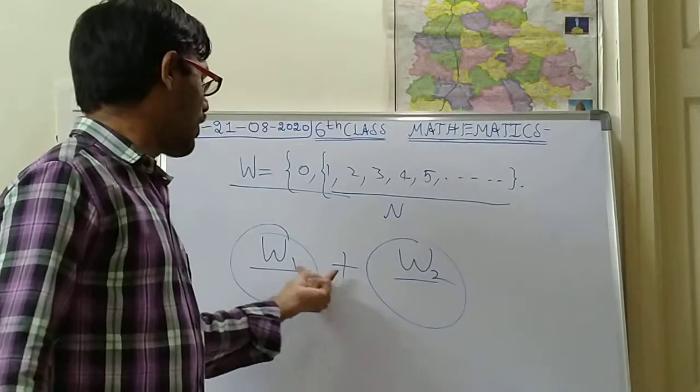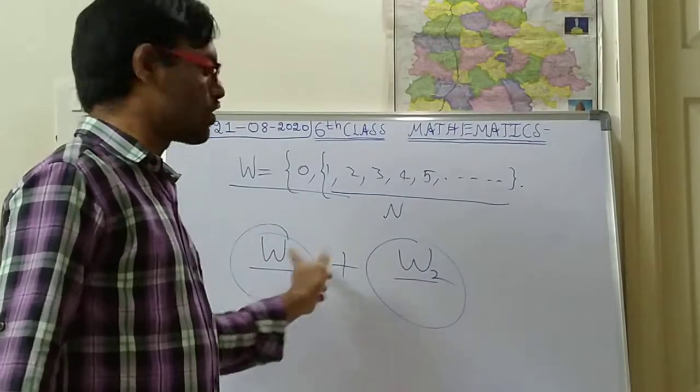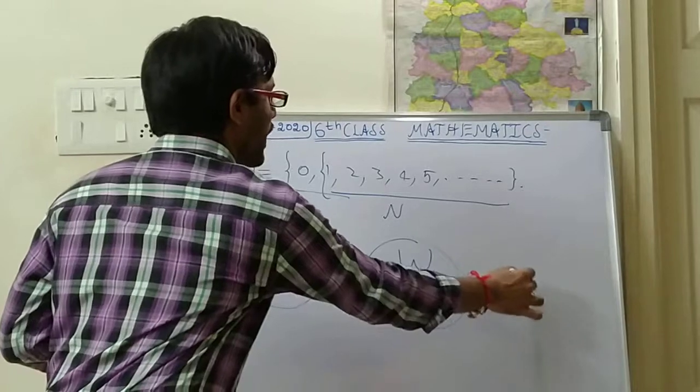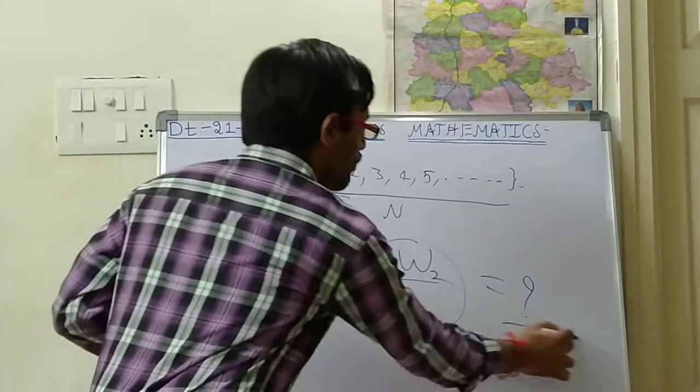By adding these two whole numbers, what will the result be?